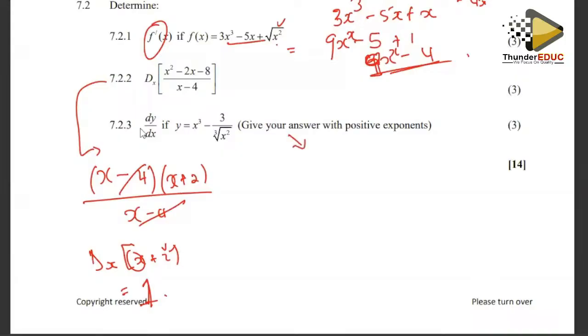Okay, then 7.2.3. Still here, they want the answer with positive exponents. Why are they so strict now? Okay, let's do that. So it's going to be x cubed minus 3. We know that the cube root of x squared is going to be 2 over 3, something like that. Then we take it on top.